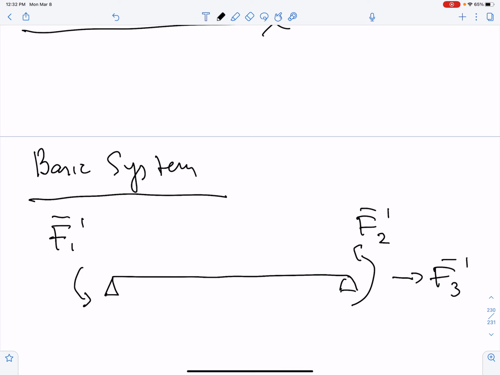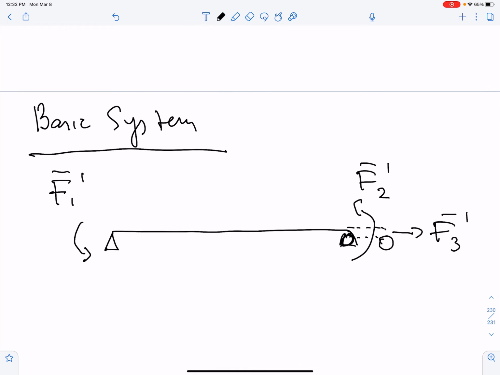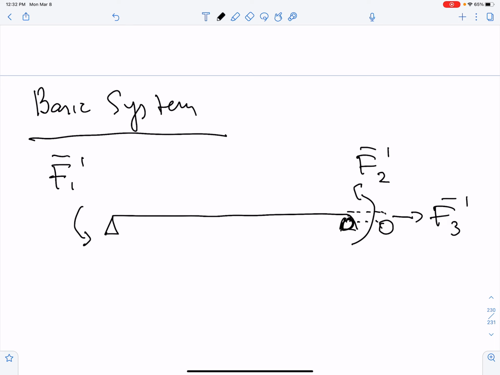Under the action of these forces, put this guy on the roller, you can displace by a certain amount under the action of F prime 3. That displacement was given by delta over bar prime 3. And then you can develop slopes, or rotations, same thing, everything counterclockwise positive.